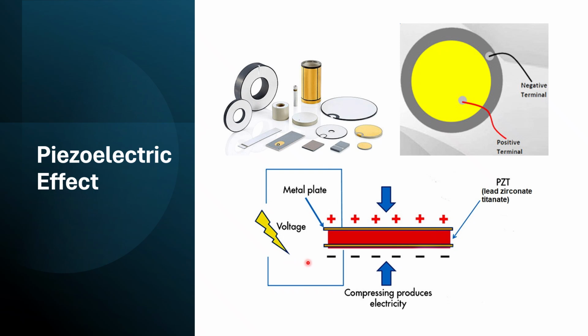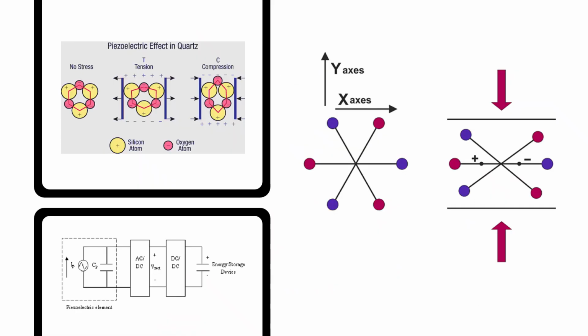The actual mechanism involves the generation of electric dipoles, which are two opposite charges separated by a small distance, loosely comparable to a bar magnet in a crystal structure. When a force is applied to the crystal, small changes in the structure happen.